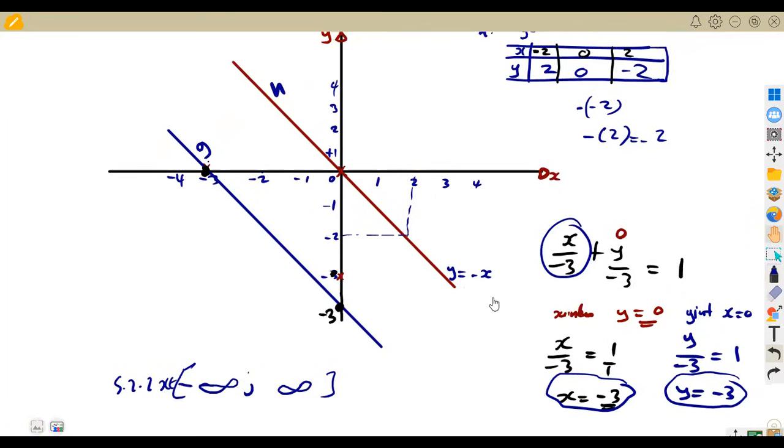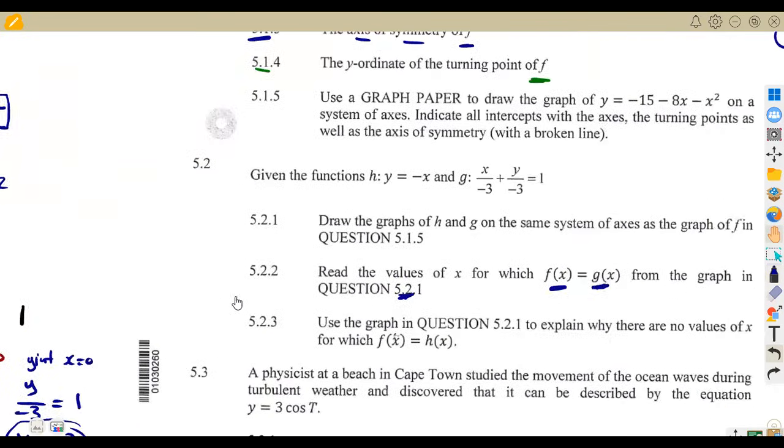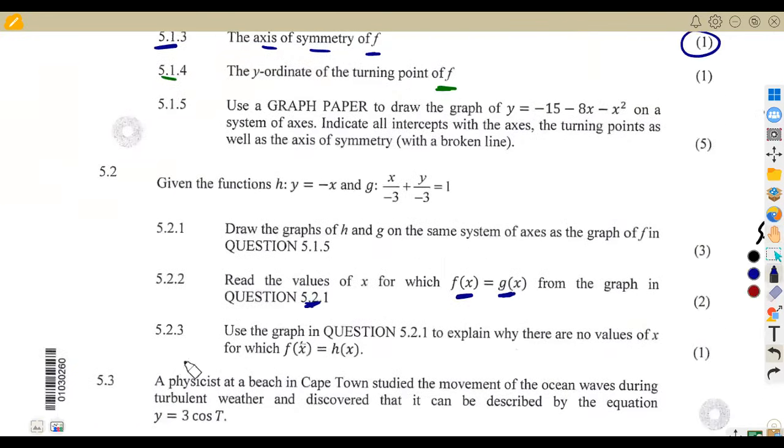That's the reason they are asking here on 5.2.3. Use the graph in question 5.2.1 to explain why there are no values of x, yet they asked you for the values of x.